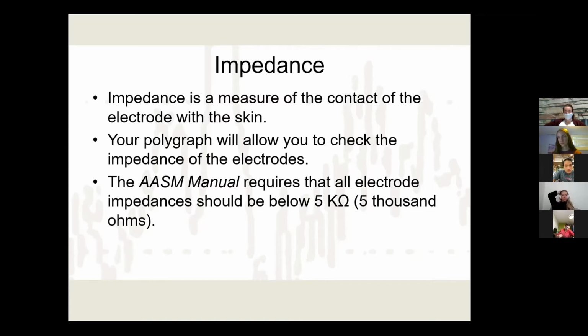The American Academy of Sleep Medicine manual requires that all electrode impedances should be below 5,000 ohms. Sometimes the chin electrodes are a little tricky to get to stay on and get a really low impedance. So in the past, I've used 10,000 ohms for chins, but for our purposes, I'll talk to Sarah and Josie and see what we want to do with that.